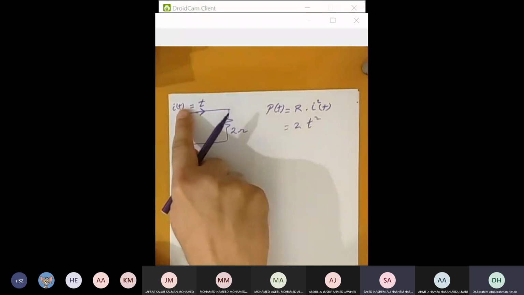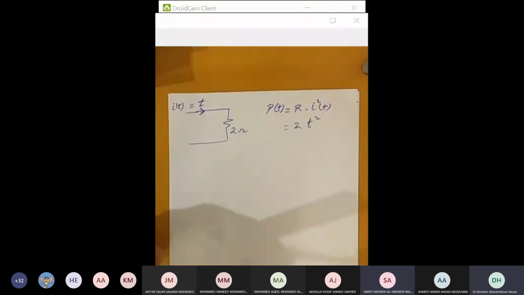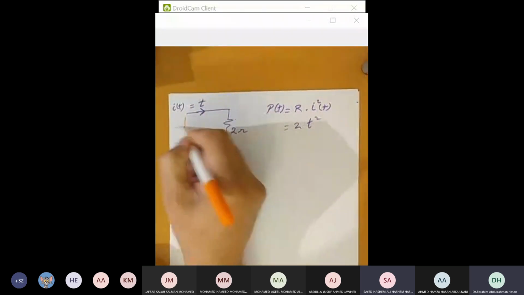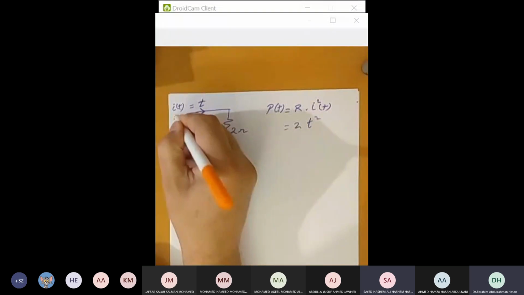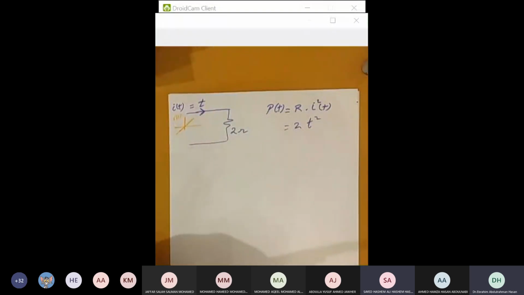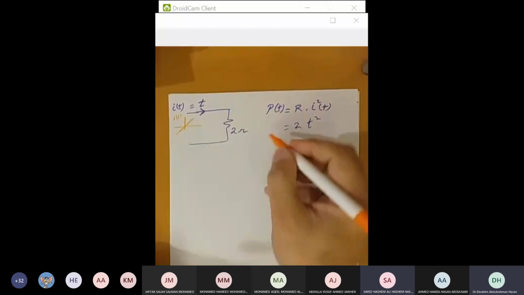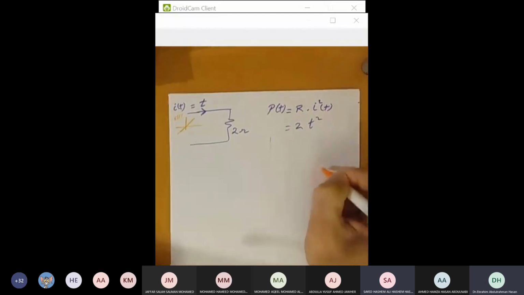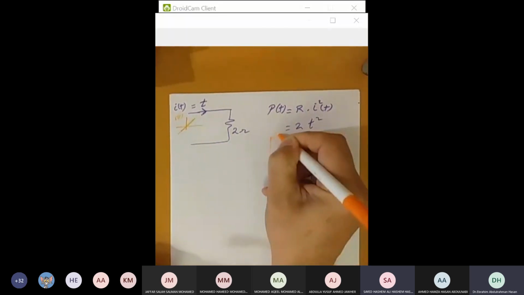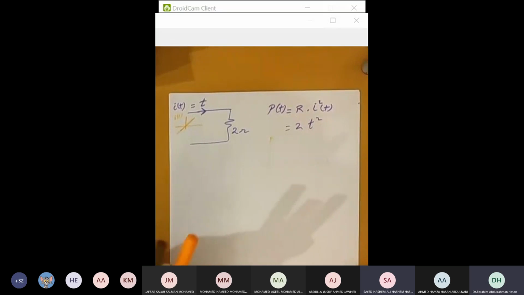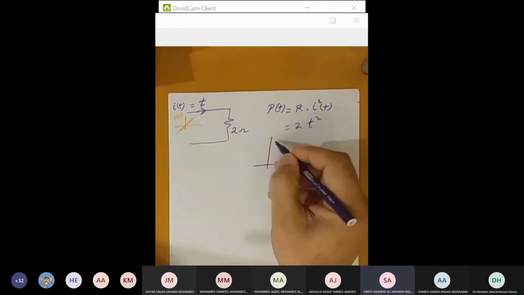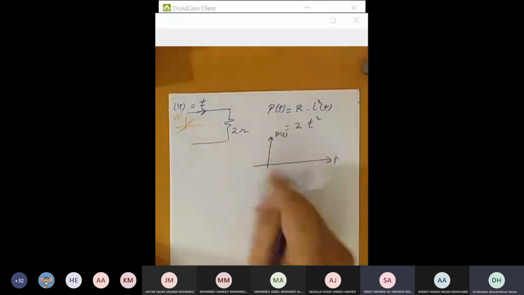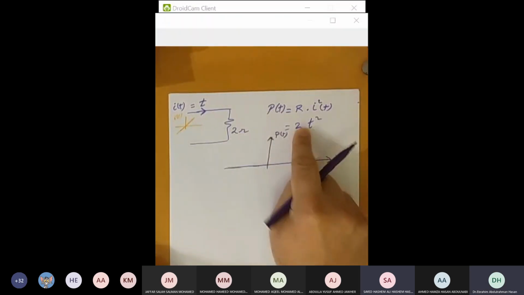So the function of the current, if you look here, you will get a straight line, the I of t. But the signal for power, if you plot it, you will get a parabola.